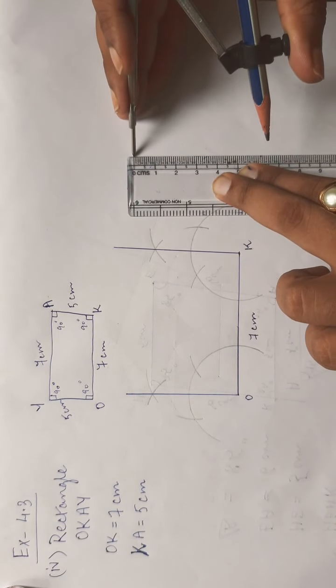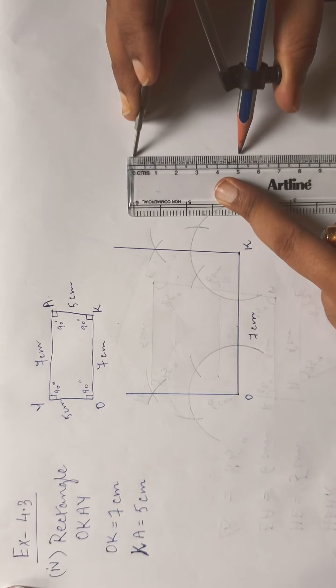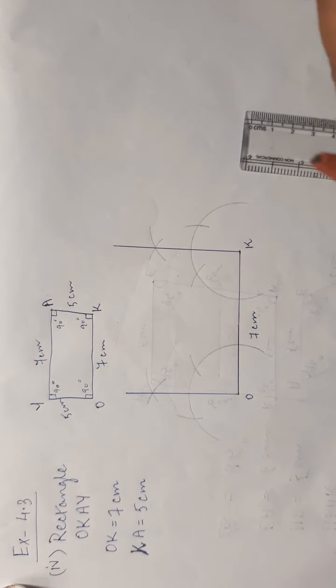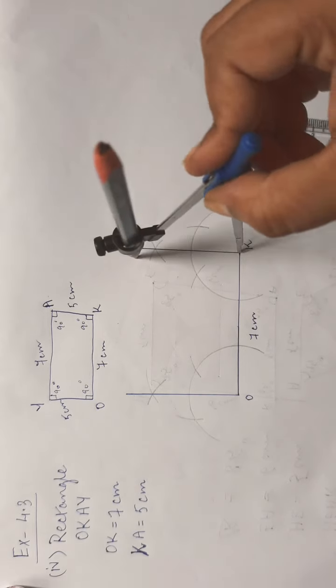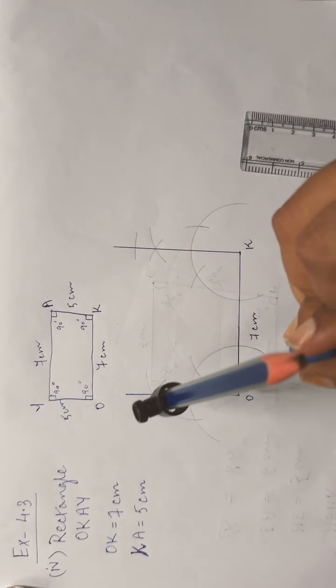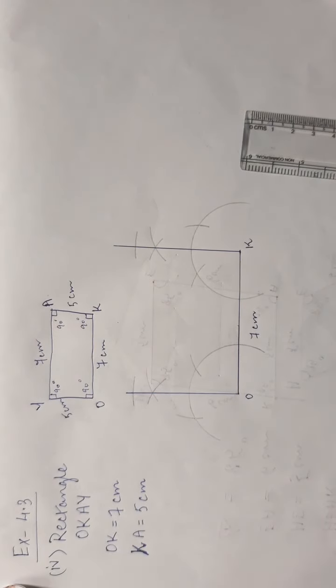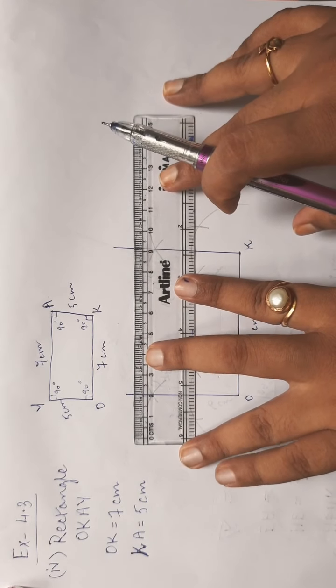So in this way we will take measurement very accurately. See, 5 centimeter. So from this point, we will draw here. Then from here we will draw here. So this much is 5 centimeters. So we will join these two lines.